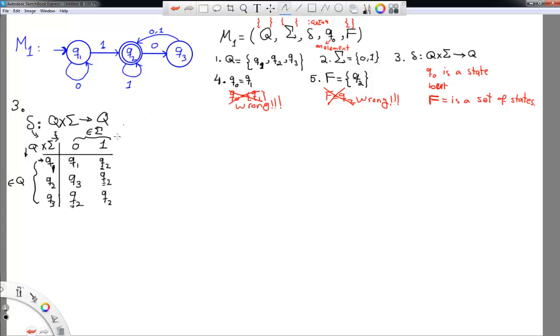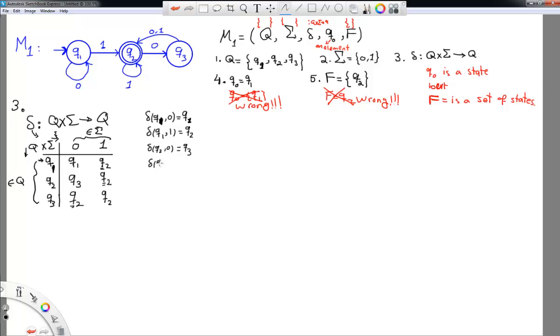Another way to specify your delta function is to spell it out. So delta of Q sub 1 and 0 is Q sub 1. Delta of Q sub 1 and 1 is Q sub 2. Delta of Q sub 2 and 0 is Q sub 3.